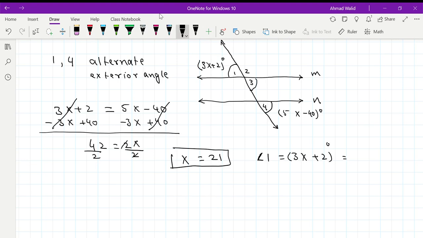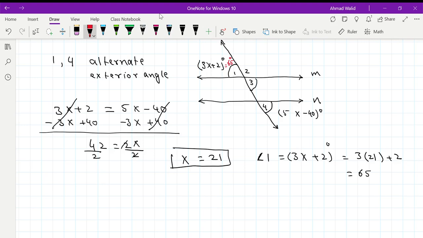It means it's equal to 3 times 21 plus 2, which gives you 3 times 21 gives you 63, right? Plus 2 gives you 65. It means your angle 1 is actually how much? 65 degrees. This one is 65 degrees.